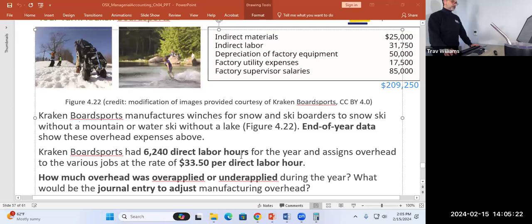Would that be actual or estimated? Actual, right? If it says had, then we know that's what they had. And they had a rate of $33.50 of overhead per direct labor hour. So how much overhead was either overapplied or underapplied during the year? How can we figure that out?